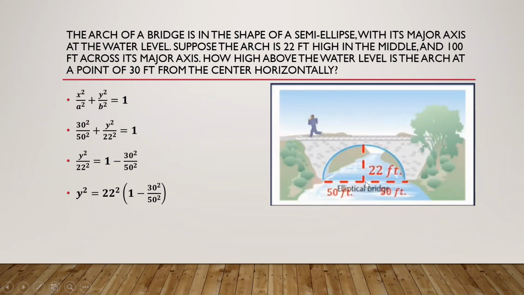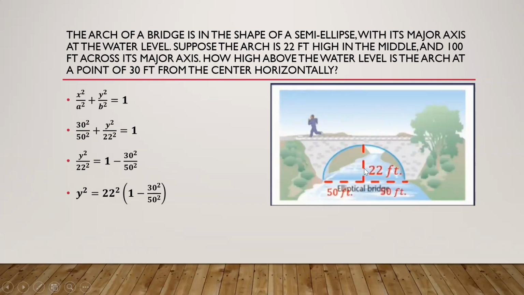So our middle is at the center. Now, how high above the water level is the arc at a point 30 feet from the center? So 30 feet from the center.